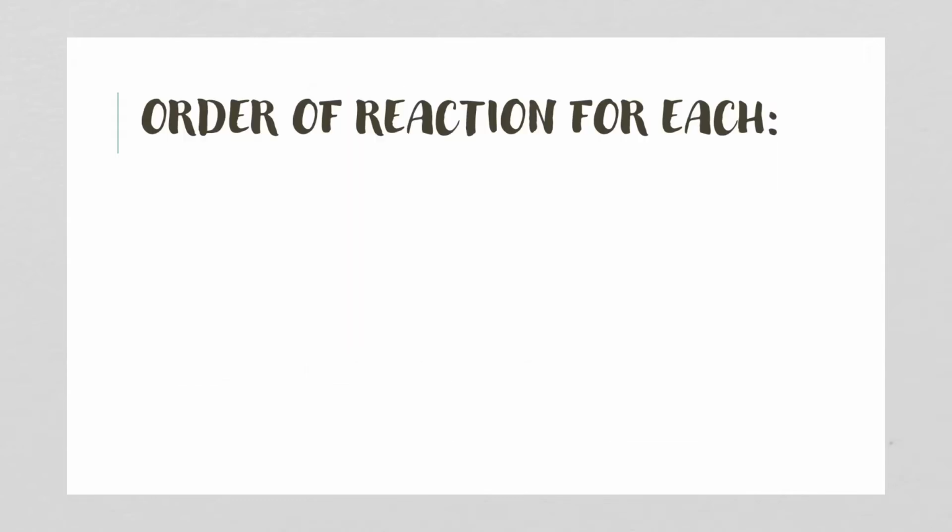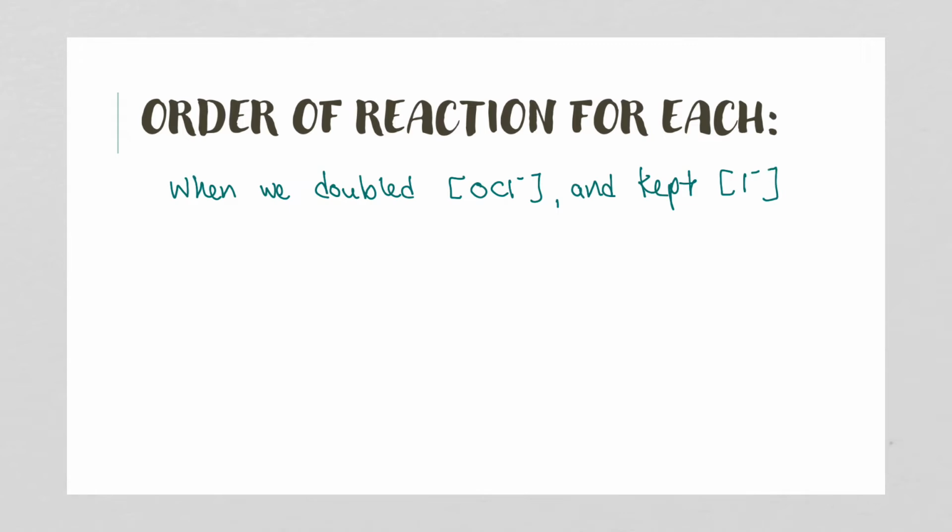So if we wanted to write that out, we could. So for the first one, when we doubled the concentration of OCl minus and kept the concentration of iodide ions the same, the rate also doubled.